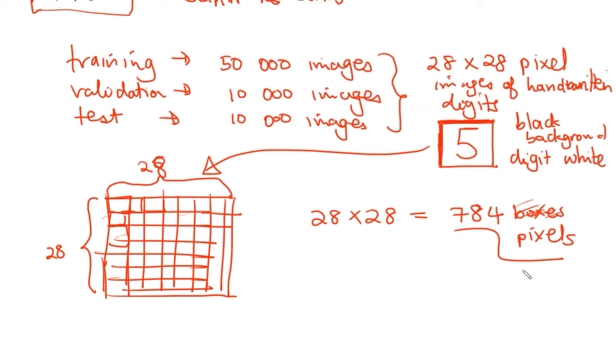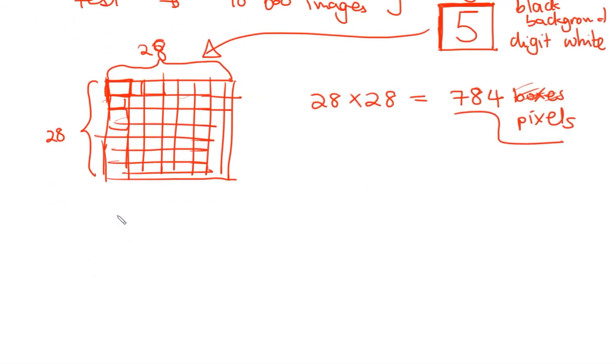So what does each box represent? Each box represents the darkness of that image. In each box there will be a number. This number could be 0 in this box. This one could be 0, 0, 0, 0, all zeros.